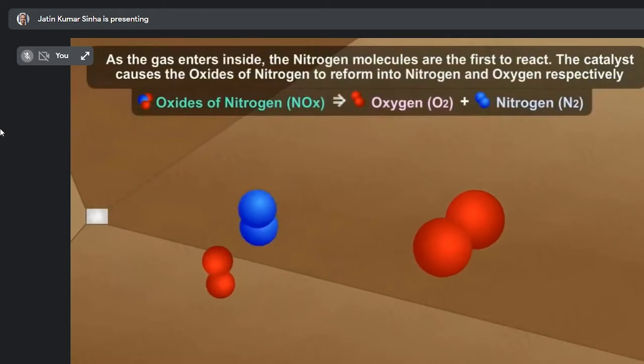So here the nitrogen oxide is being converted to oxygen and nitrogen. Okay.